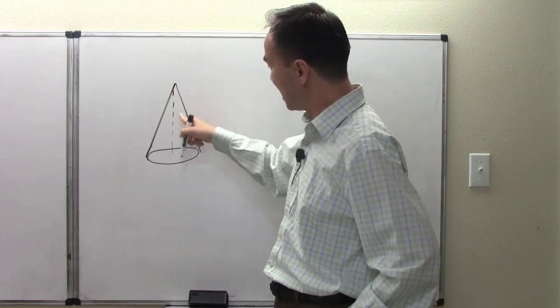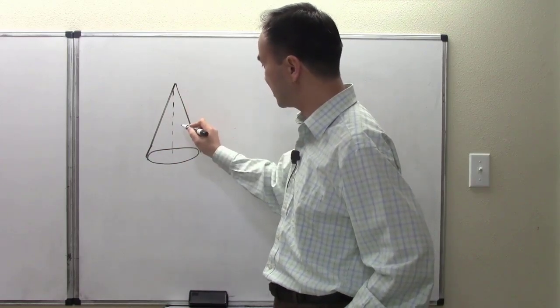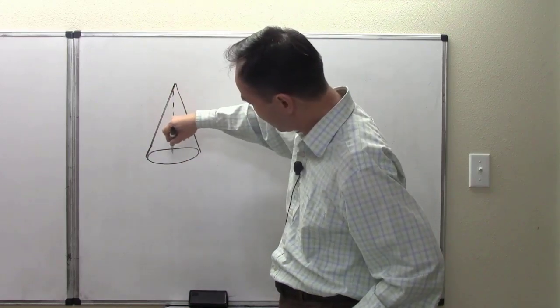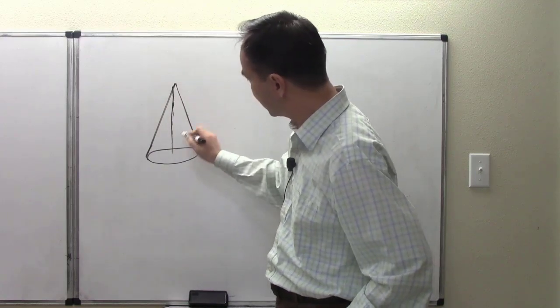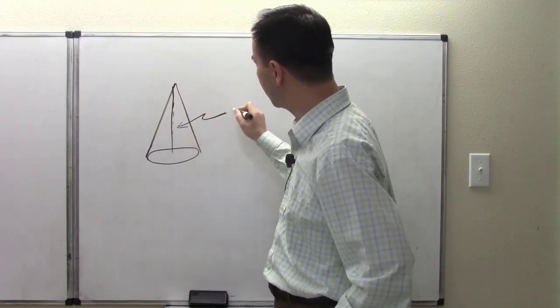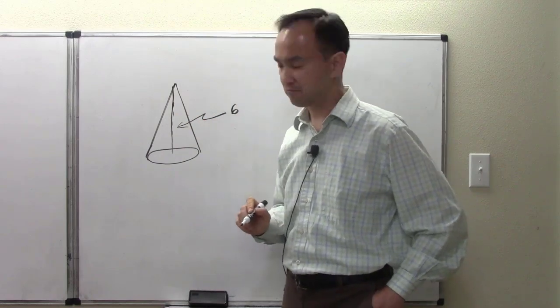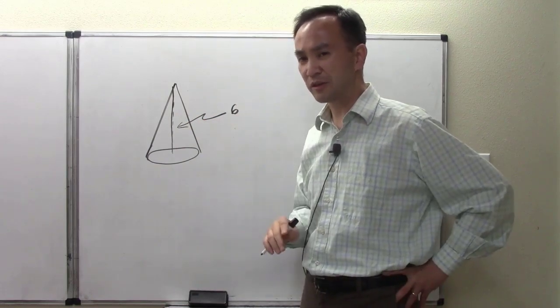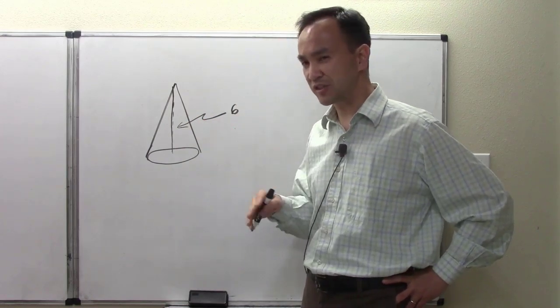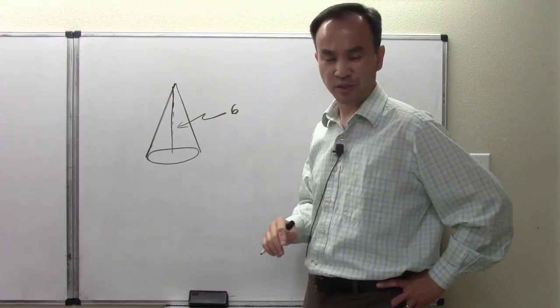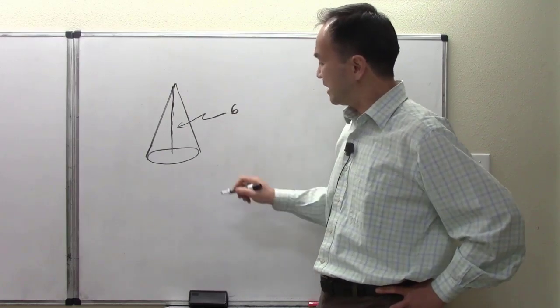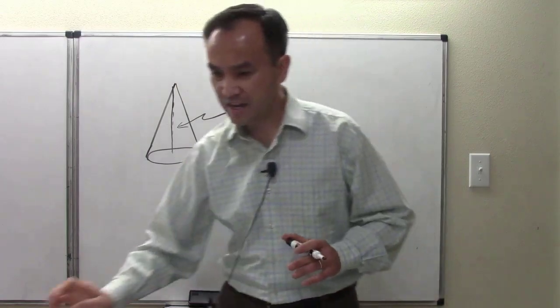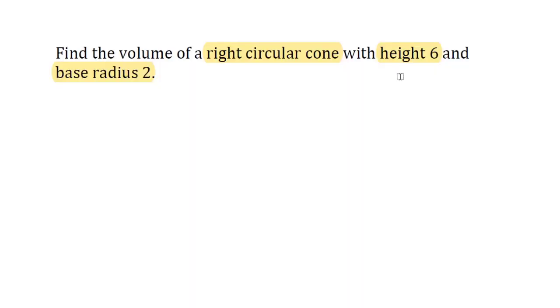So that height right here is what's indicated in the problem, and that height is 6. We can disregard units; it could be 6 centimeters or 6 feet or 6 inches. Then the base radius, as indicated in the problem, is 2.